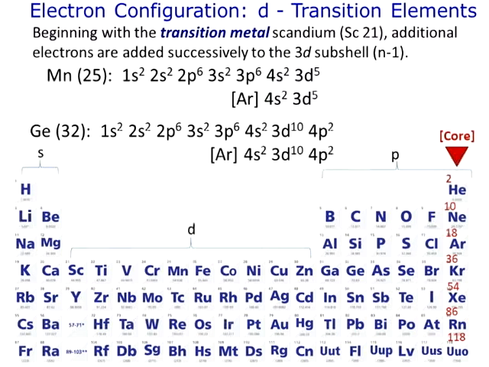Let's look at germanium. Germanium has 32 electrons. So if we do the electron configuration, we start with 1s2 and proceed to 4s2. We drop down to 3d and we completely fill all the d spaces, which are 5.